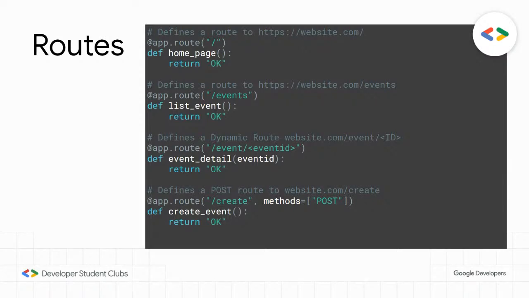This is saying that if you write website.com/event/ and a number, we're going to get this number in the function, and then we'll be able to process it. So this dynamic route is going to be very important for our API requests.